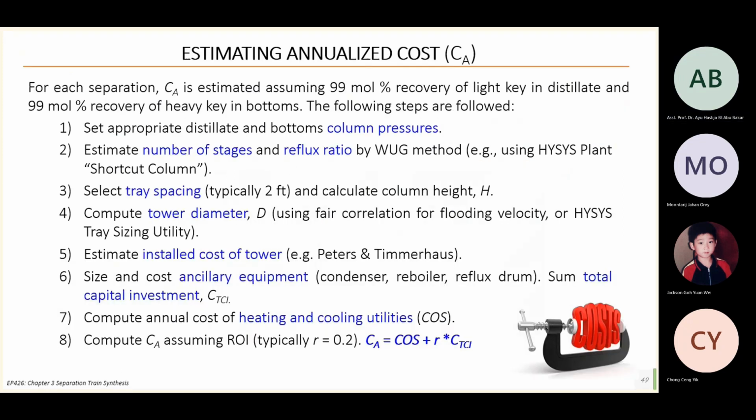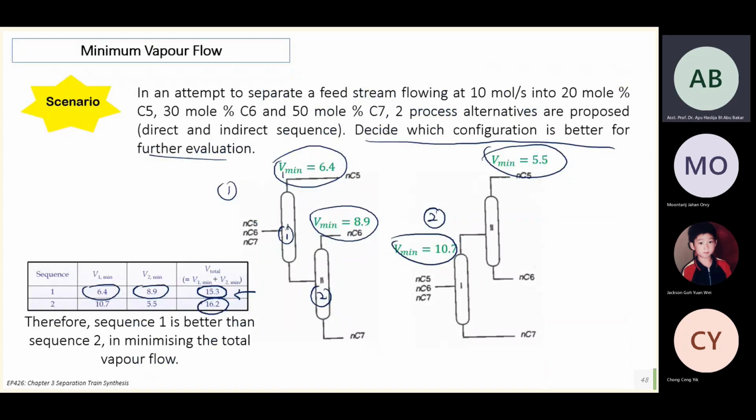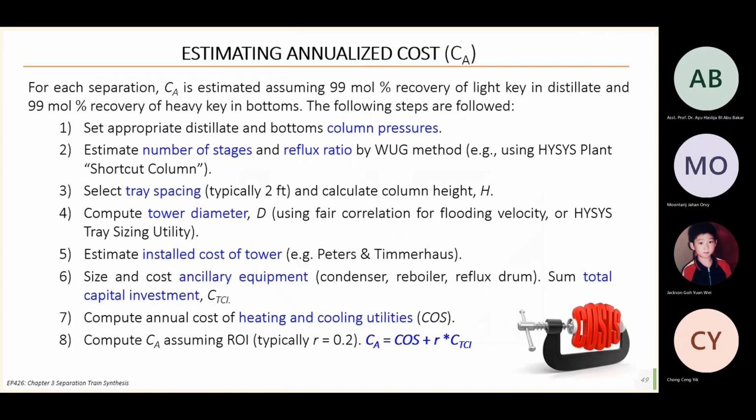Now, once you determine sequence 1 is having lower total vapor flow, then you will need to determine the costing. To estimate the cost, these are the few things to follow.